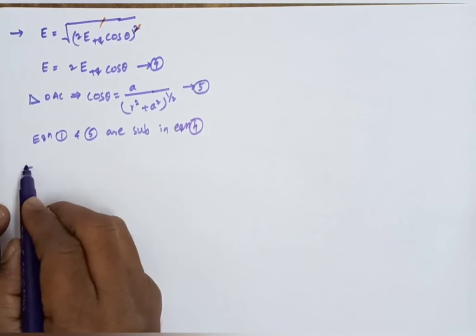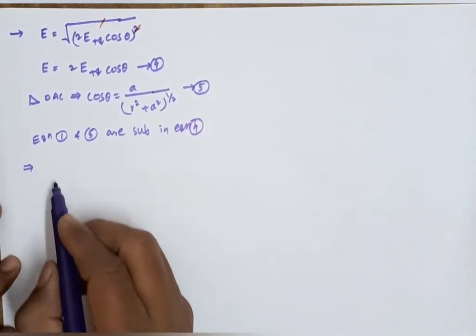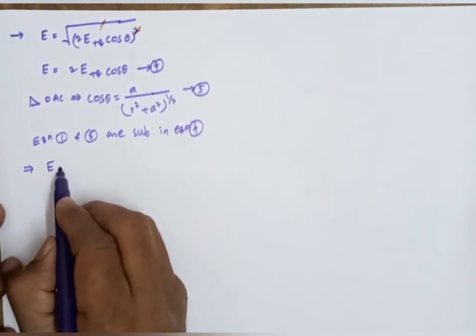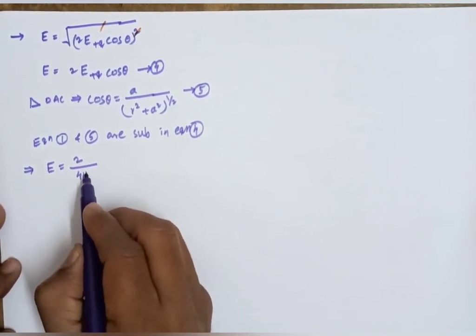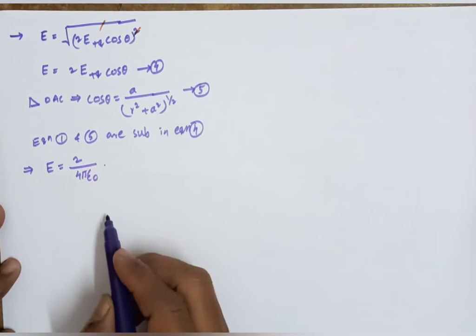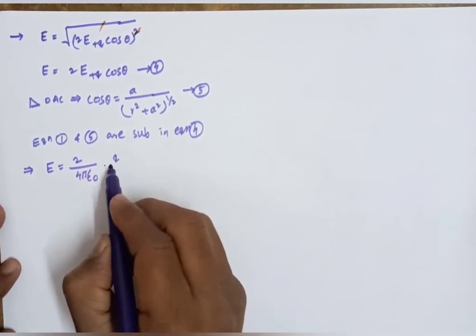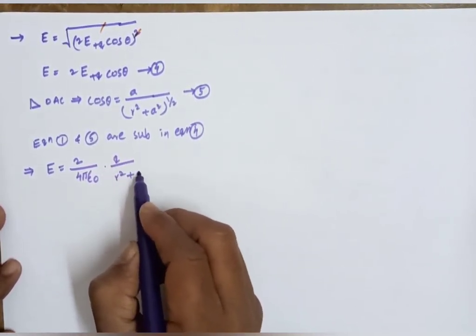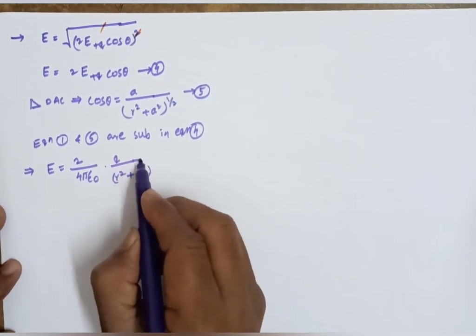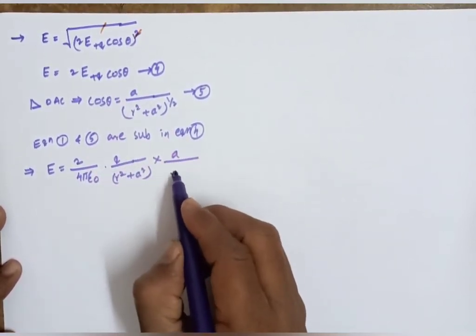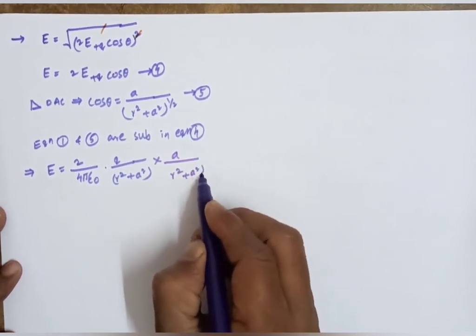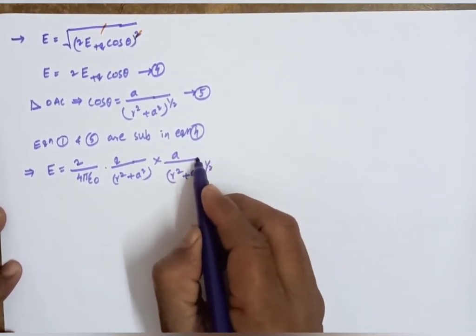So then it is written as E equals 2 divided by 4 pi epsilon naught into q by (r square plus a square) into cos theta, where cos theta equals a by (r square plus a square) power of 1 by 2.